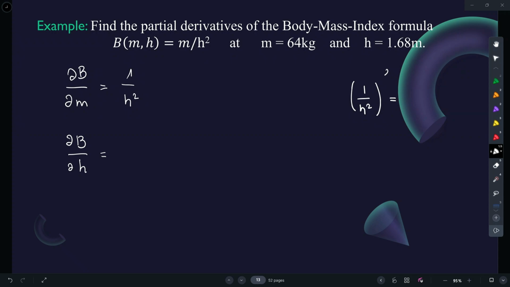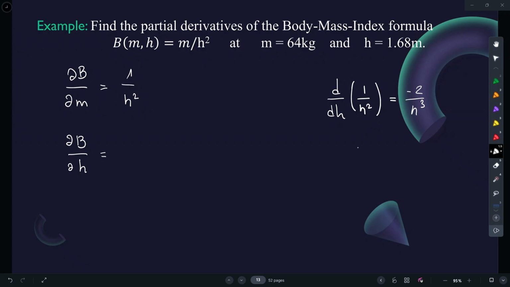Now we no longer have one variable, and I have to make sure that I know what I'm taking derivatives with respect to. So I always have to indicate that I'm taking derivatives with respect to something. So what's the derivative of 1 over h squared? Negative 2 over h cubed.